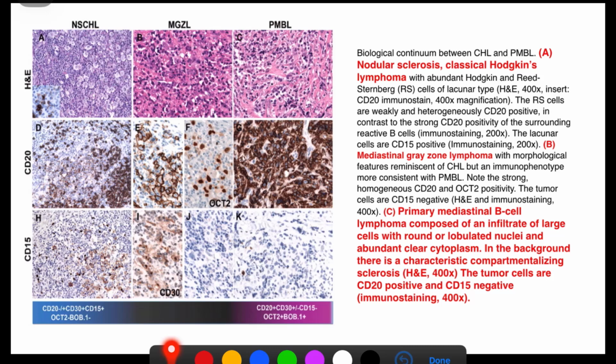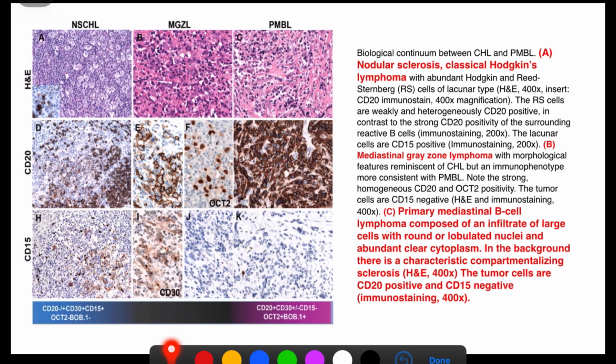Now look for CD20. Here it shows cytoplasmic positivity, and here the CD20 cells showing positivity are the reactive B cells, not the tumor cells. So these are the tumor cells which show CD20 positivity.